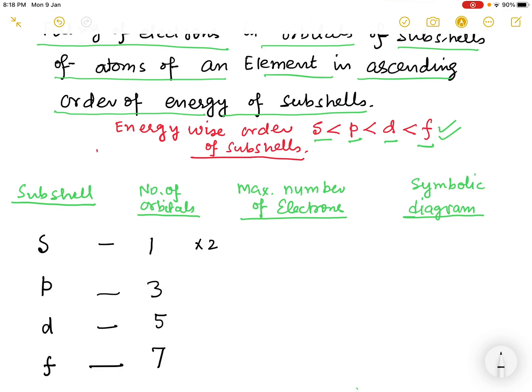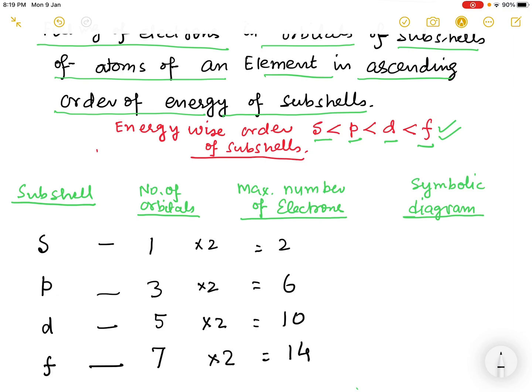So 2 electrons can occupy the S subshell, the maximum number of electrons that can fill the p orbital is 6, here the maximum number of electrons is 10, and here 7 into 2, the F orbital has a maximum of 14 electrons.